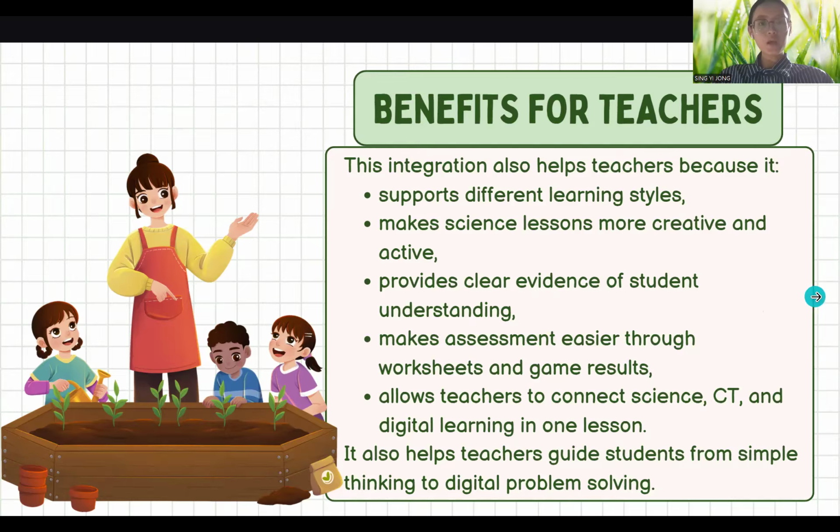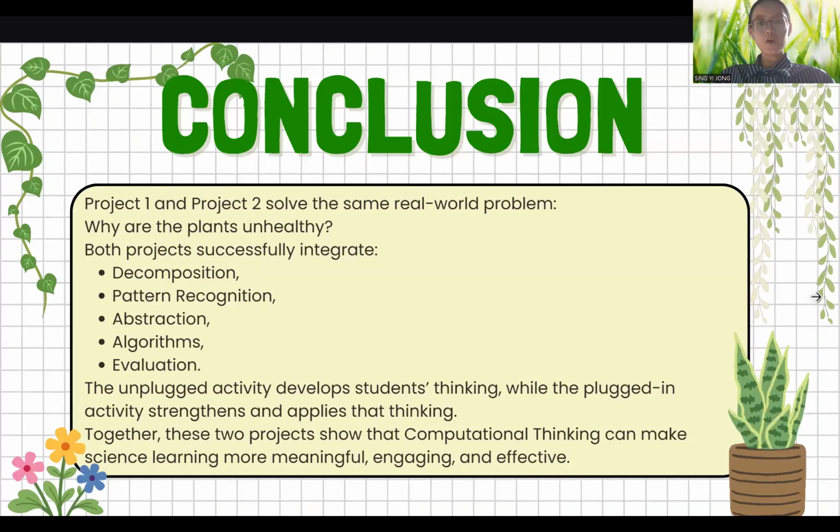In conclusion, Project 1 and 2 both solve the same real-world problem, which is understanding why the plants in the garden are unhealthy. Both projects successfully integrate the same five computational skills, which are decomposition, pattern recognition, abstraction, algorithms, and evaluation.